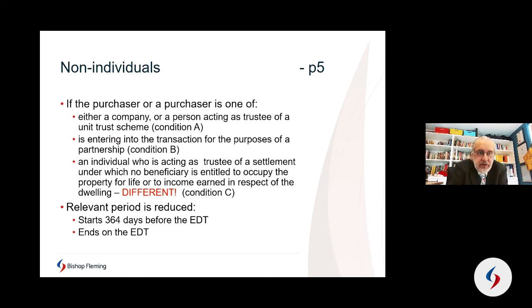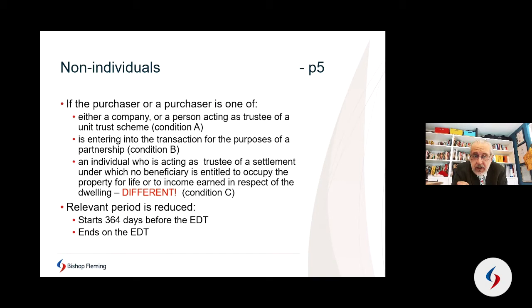One special case is if the purchaser is not an individual. If the purchaser, or one of the purchasers, if we've got multiple purchasers, is a company or a person acting as a trustee of a unit trust scheme, is entering into the transaction for the purpose of a partnership, so the property will be a partnership asset, or is an individual who's acting as a trustee of a settlement, but not of an IIP, then the relevant period is reduced.